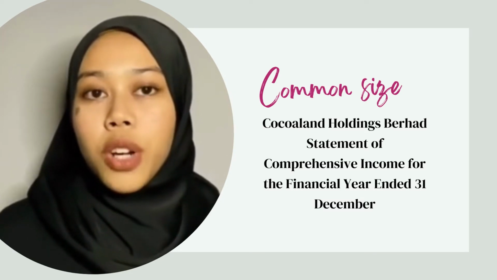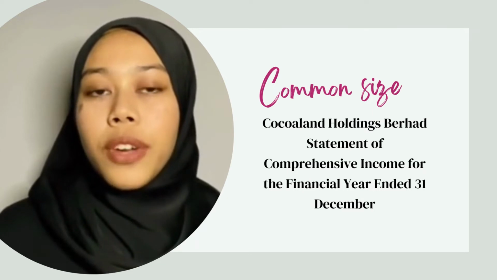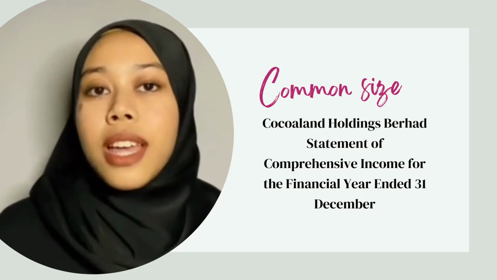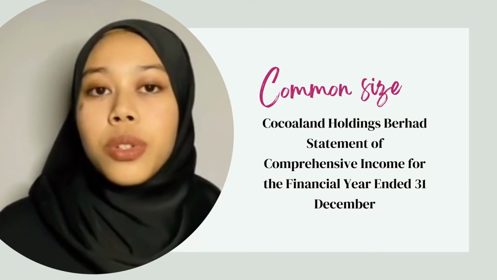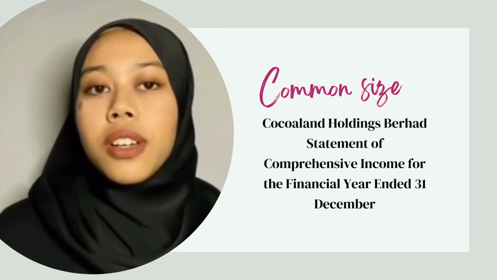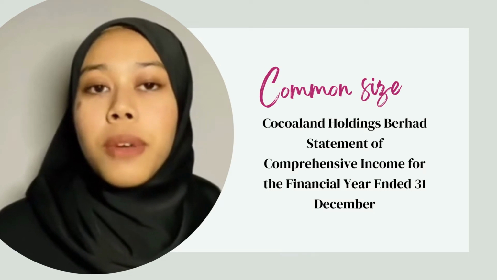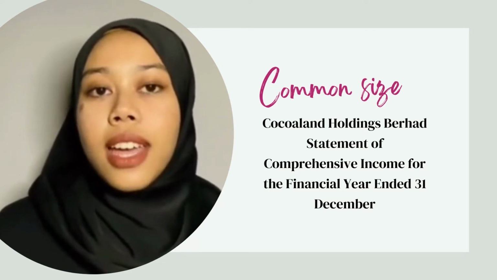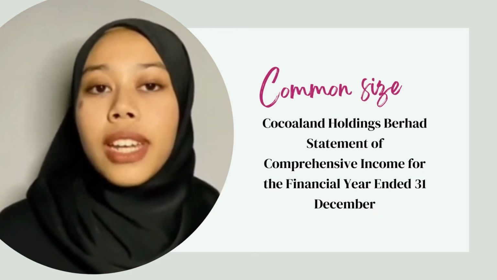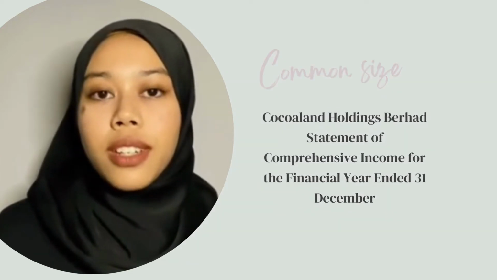From the statement of comprehensive income for the financial year ended 31 December for 3 years, even though the revenue decreased from the year 2019 to 2021, the operating expenses are higher, hence giving a result in lower net income compared to the previous year.